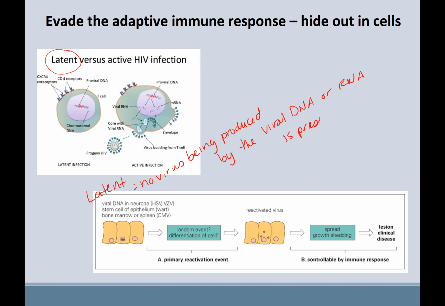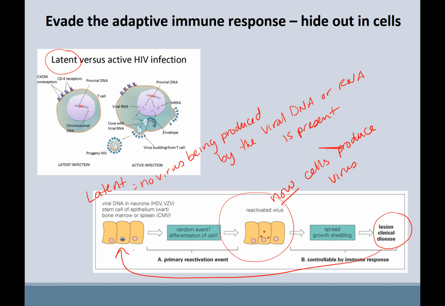So it's just kind of hanging out, kind of hibernating. Then you get some kind of reactivation event where now cells produce virus. Okay. You get some disease, and then it usually shuts down and goes back to latency.